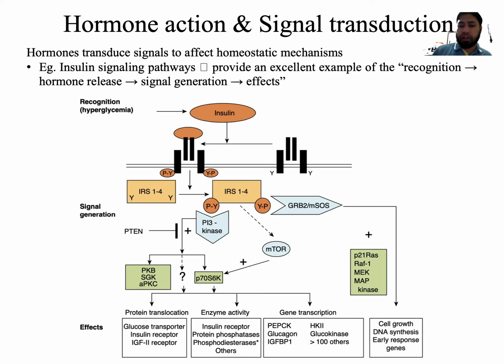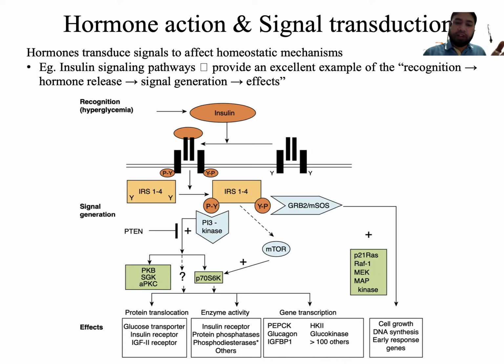At the bottommost, you can see the pathway, very sophisticated: GRB2, MSOS plus P21 RAS, RAF1, MAP kinase. They will initiate cell growth. The cell will develop, can proliferate, undergo the cell cycle. They can also produce new DNA synthesis, or early response genes.